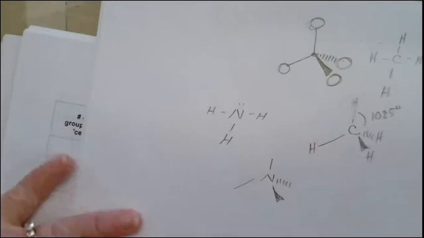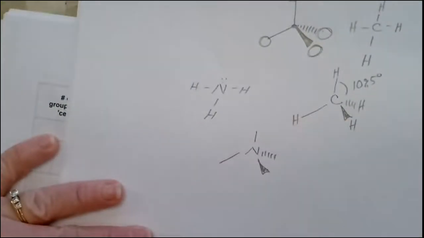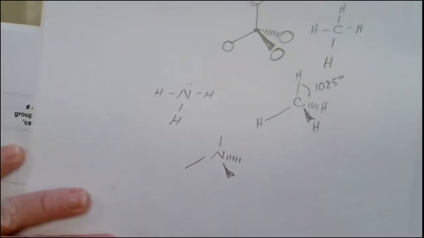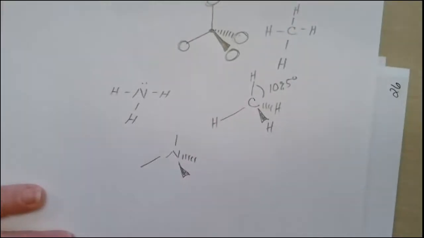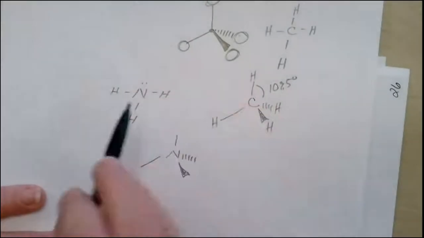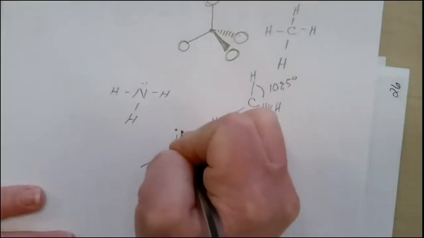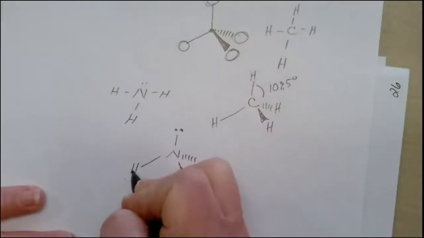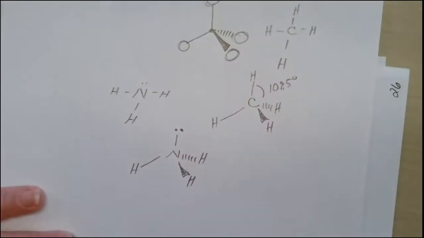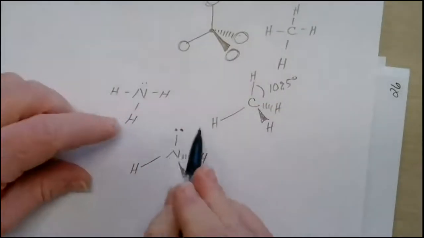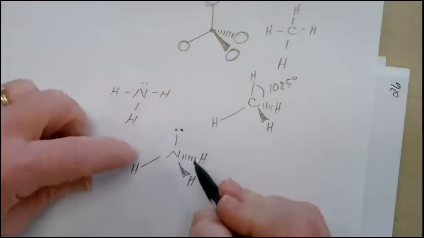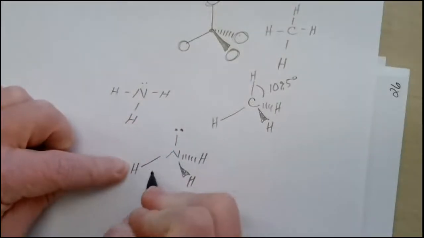Now, for a total of 4 electron areas, you have the freedom to choose where you would like to put your lone pair. So since in my Lewis dot, I put them there, I'll put my lone pair there, and then my hydrogen, hydrogen, and hydrogen. However, because this lone pair causes more repulsion, this bond angle will be less than 109.5.